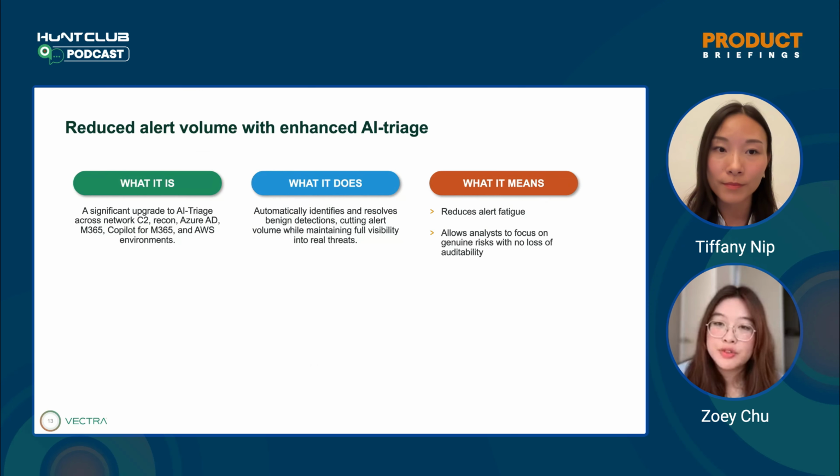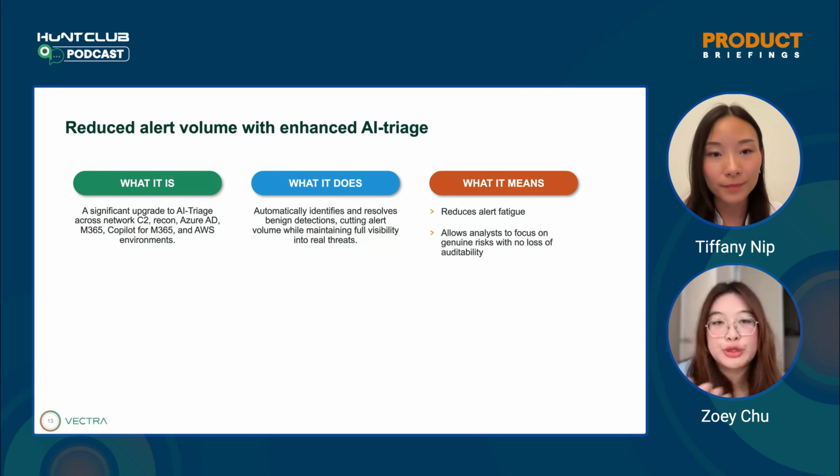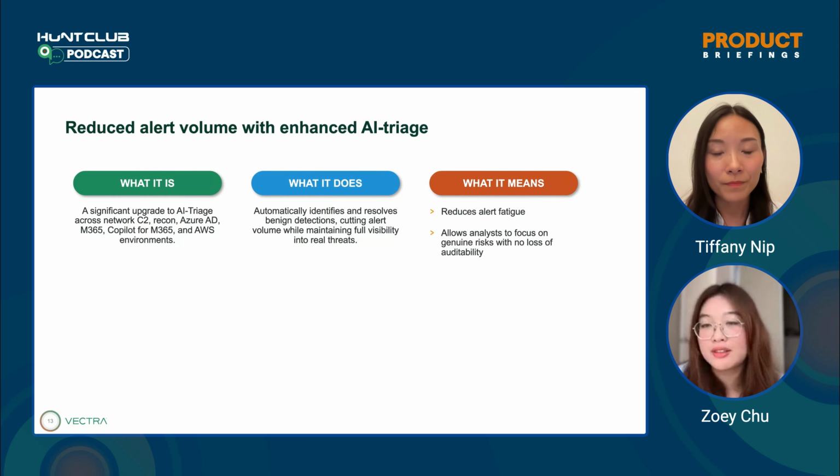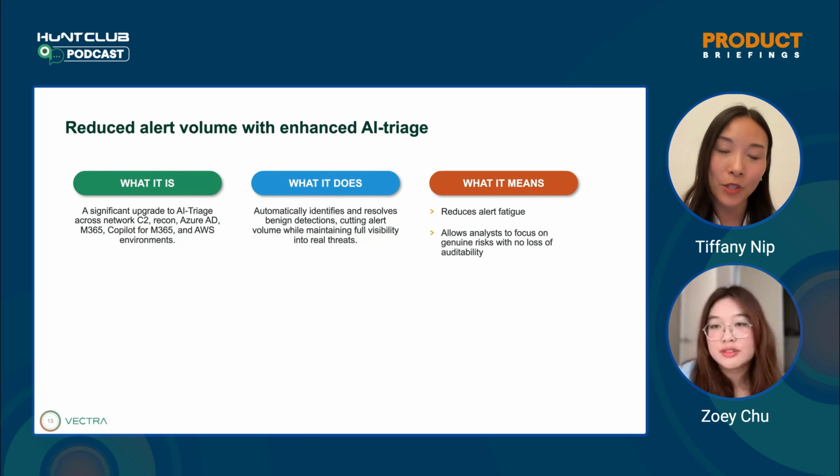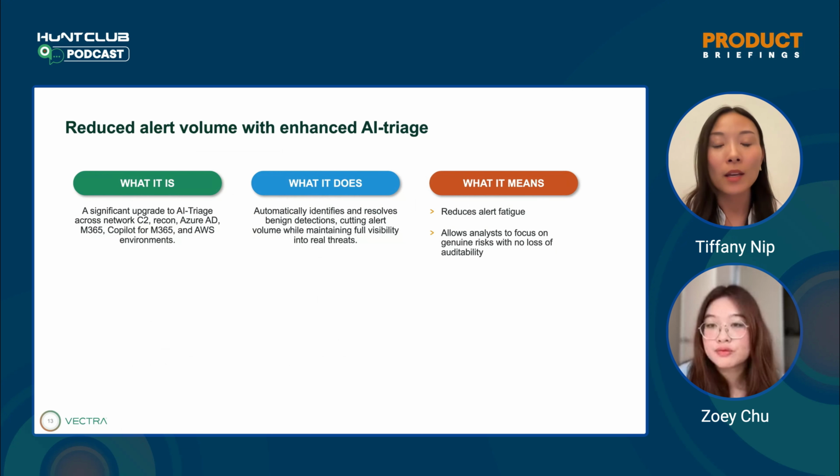So I actually have a question for you, Tiff. How does our team decide what to triage, basically to refine and reduce alert volume? Yeah, good question. So our AI triage agent will study your environment and learn what is normal to determine what is malicious.